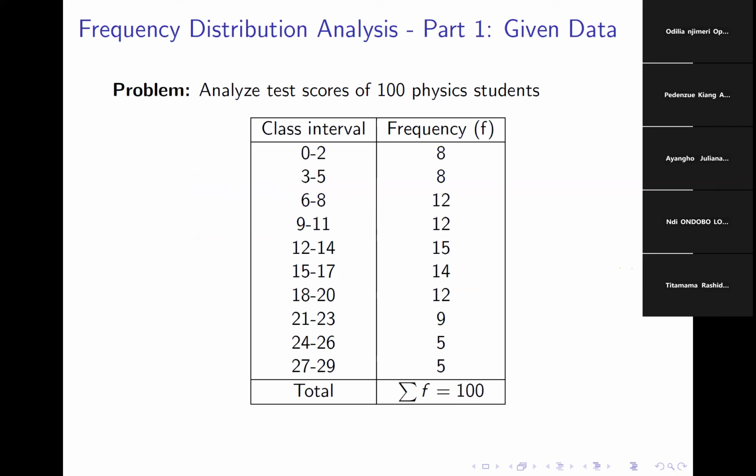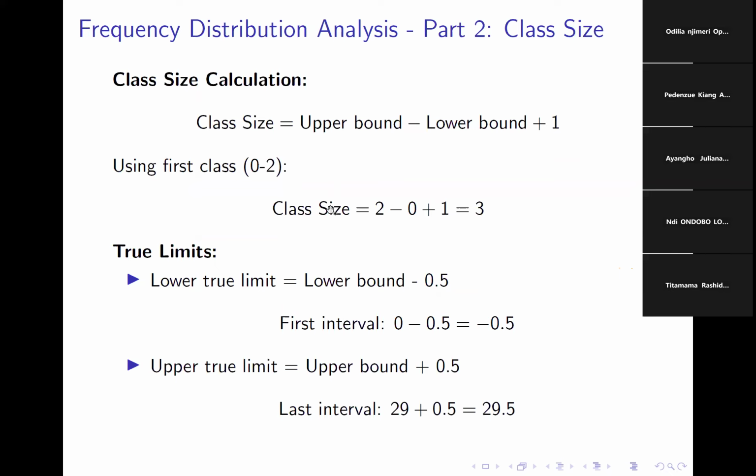So to analyze these test scores, we could still do the same calculation. We can be asked questions such as, what is the class size? To calculate the class size from a frequency table, you take the difference between the upper and lower bound and you add 1, which is something we also have mentioned.